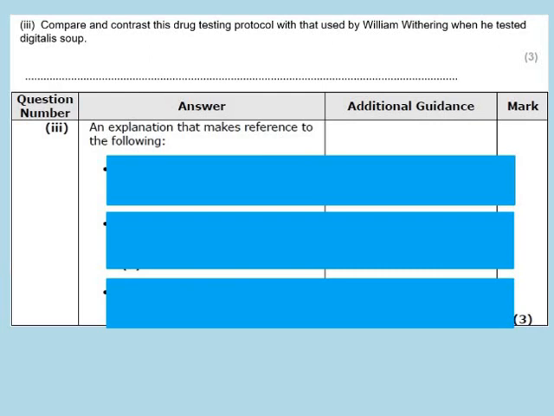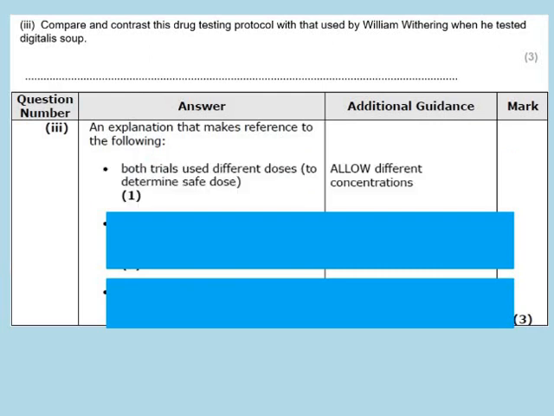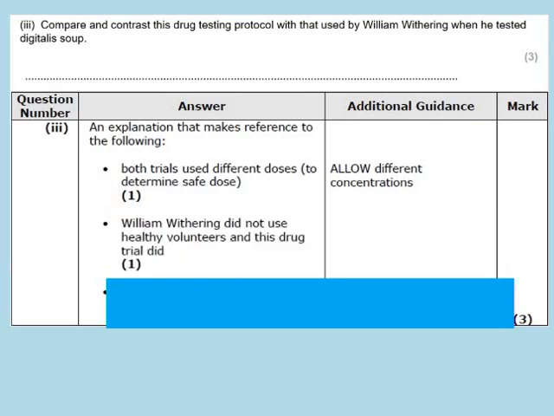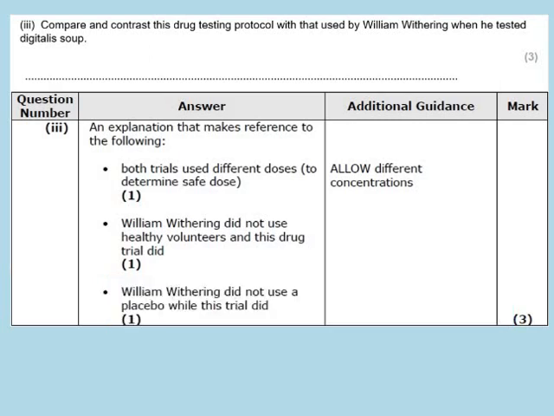So thinking back to that activity that we did earlier, comparing the 2, we could pick out that both trials use different dosages as a similarity, and then also to contrast it we need some differences. So William Withering did not use healthy volunteers, and this drug trial did. Also, William Withering did not use a placebo, whereas this trial did. There are your 3 points.